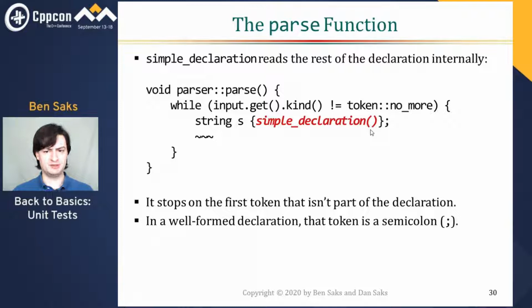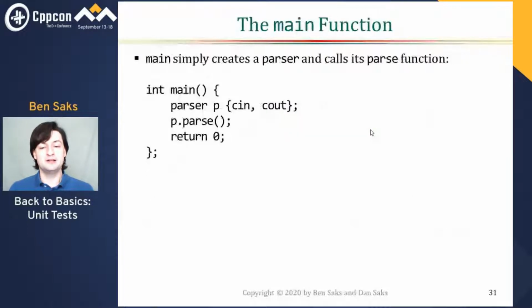This program is dealing with just declarations, not definitions, so it doesn't include support for initializers, int x equals 3. It just allows int x semicolon at this point. So the main function, all it needs to do is create a parser and then call the parse function.